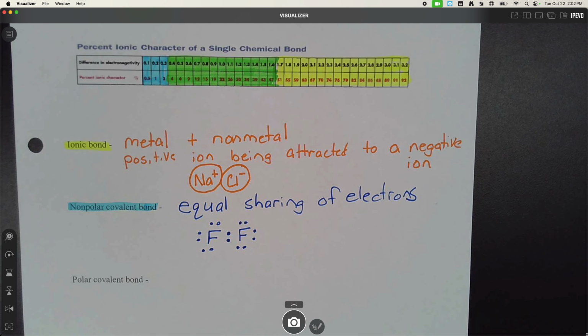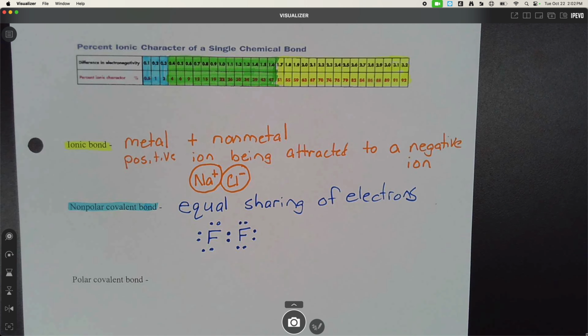And we can get what appears to be an equal sharing of electrons even if the atoms aren't exactly identical to one another. If the atoms have a very similar electronegativity, any unequal sharing is not unequal enough that we can even tell that from the outside or in terms of the behavior of the bond. And it seems to be that the threshold for us to be able to notice polar characteristics in the bond is about 0.39.